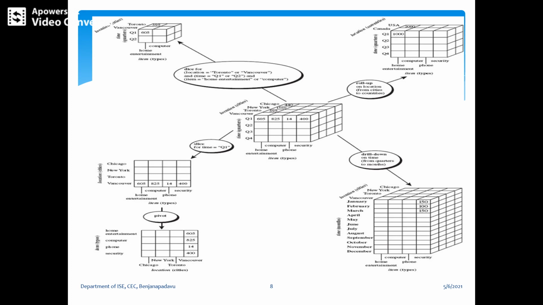They have taken the locations Vancouver, Toronto, New York, and Chicago, and drilled down from quarters to months: January through December, with the item types home entertainment, computer, phone, and security.